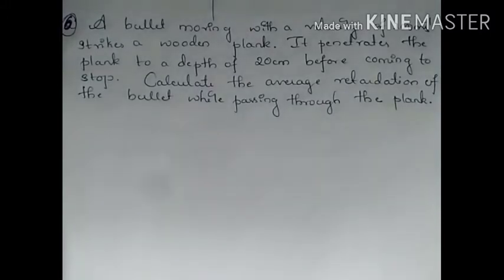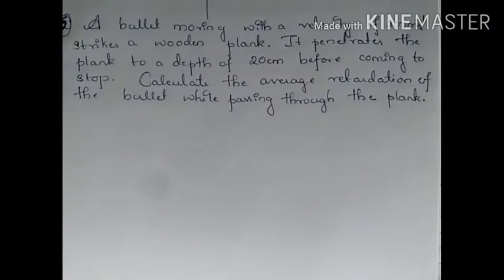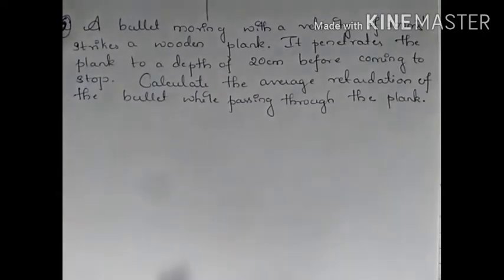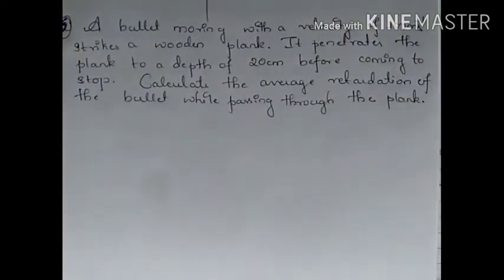So if velocity is decreasing, then you will get retardation. So retardation is nothing but the opposite of the concept of acceleration. So now here we have to calculate the average retardation of the bullet while passing through the plank.